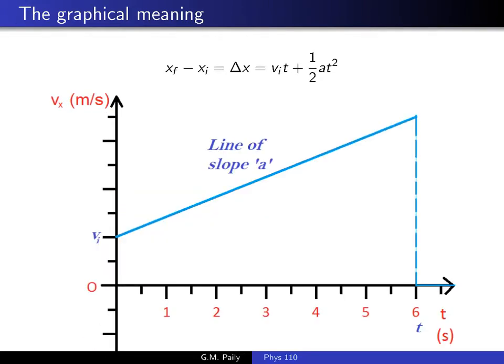What about the position equation? This time I plot velocity versus time. I assume that we start with an initial velocity v initial and we have a constant acceleration. And so our velocity versus time graph is a line with a constant slope, the slope being a. This acceleration lasts for a time t.